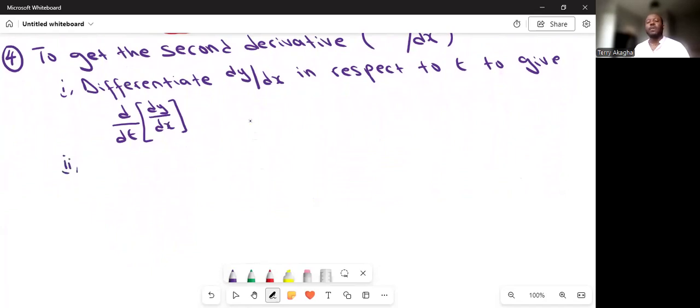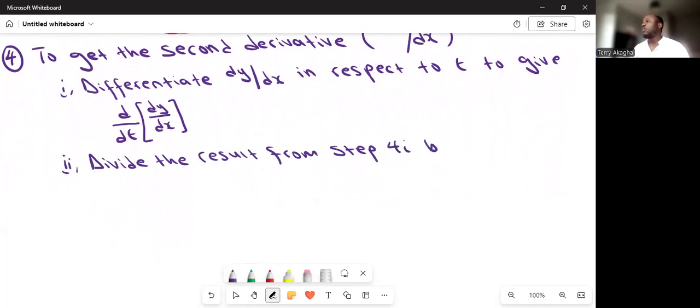the next thing is that you then divide the result from step 4i. Okay? By dx over dt. So dx over dt from step 2, okay?